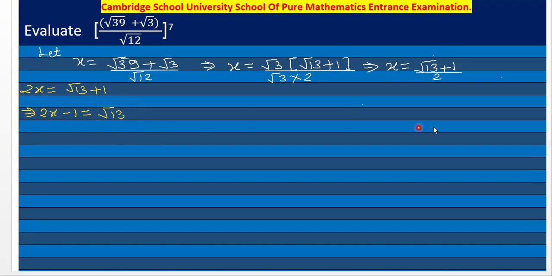We have 4x square minus 4x plus 1, and the square of square root of 13 is 13.